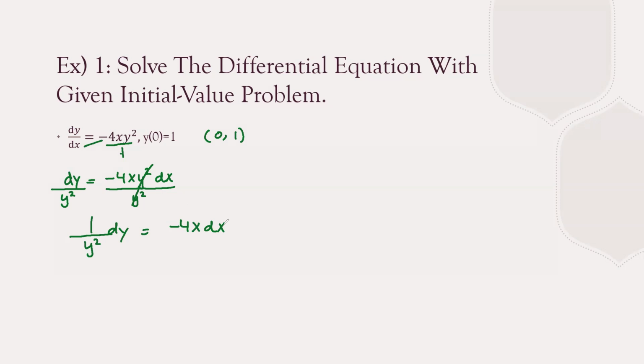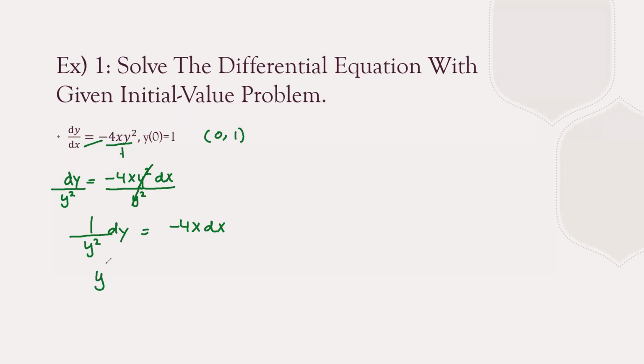So the next step is to integrate on both sides. How am I going to integrate 1 over y squared? Maybe I can rewrite 1 over y squared as a negative power, which may help with integration.